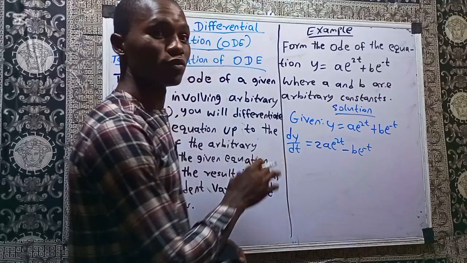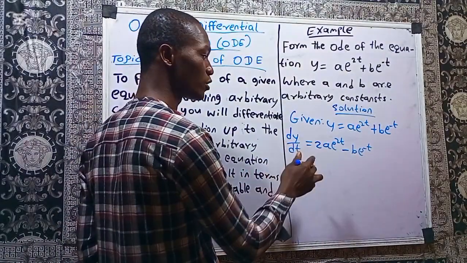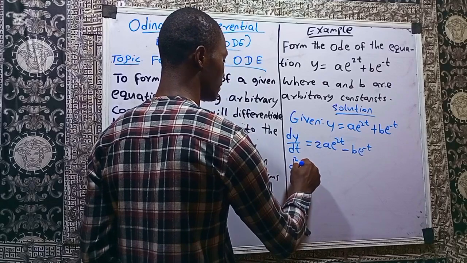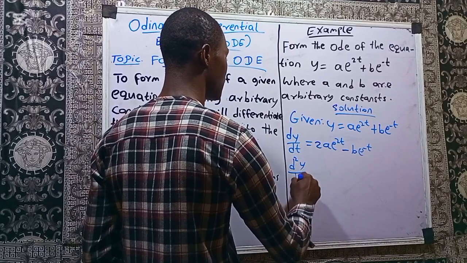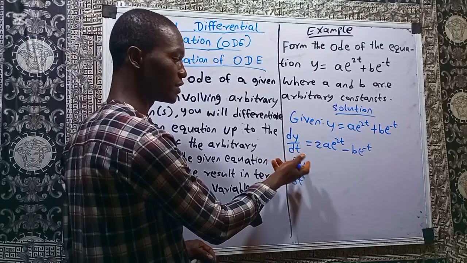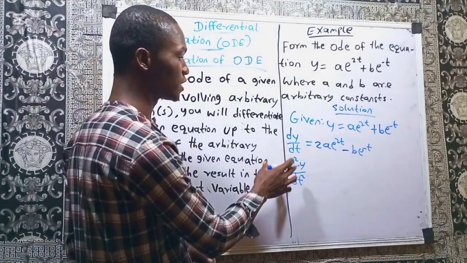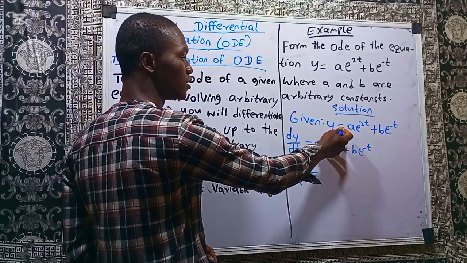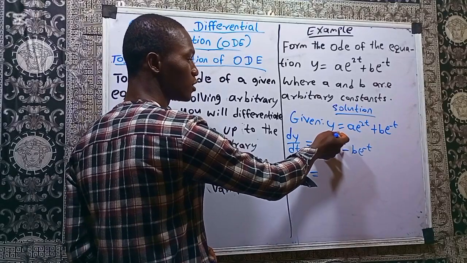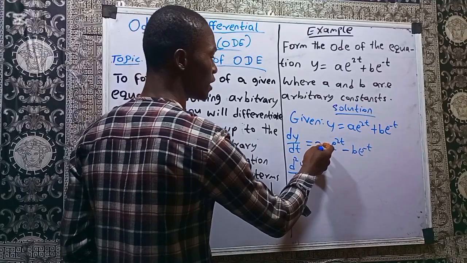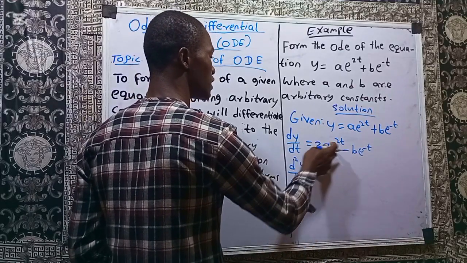You are going to differentiate this the second time, because we have two arbitrary constants. The second derivative of y with respect to t will be equal to what? Differentiate the exponential: what is on the exponential is 2t, differentiate 2t, you get 2, and use it to multiply the exponential function.